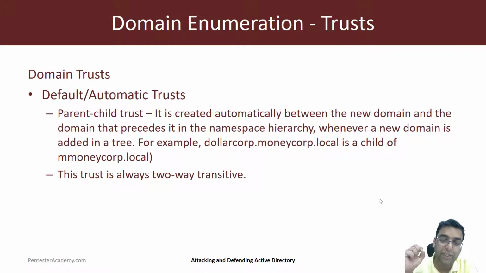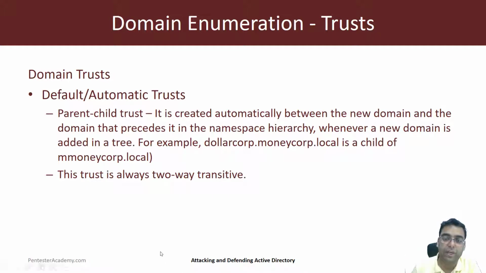What does that mean? That means that the trust boundary is the forest. Within a forest, if there are multiple domains, all of the trusts between those domains would be automatic. There is no need to manually establish the trust. And this trust would always be a bidirectional or two-way transitive trust.